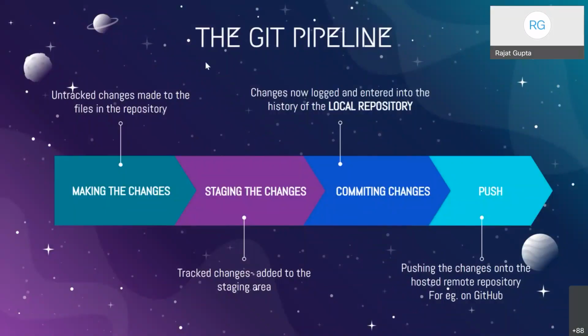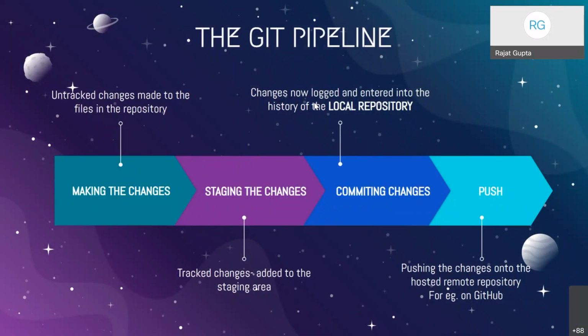So this is the Git pipeline. First step of the Git pipeline is making the changes. Now there are untracked changes that we make in the working directory, which means that they have not been staged yet. So this takes us to the next step, which is staging those changes. When we make some changes to the files, we need to stage those changes in order to commit them.